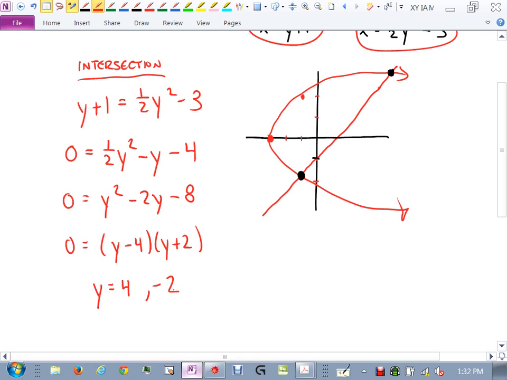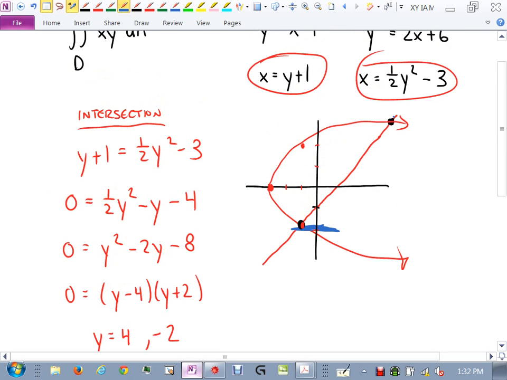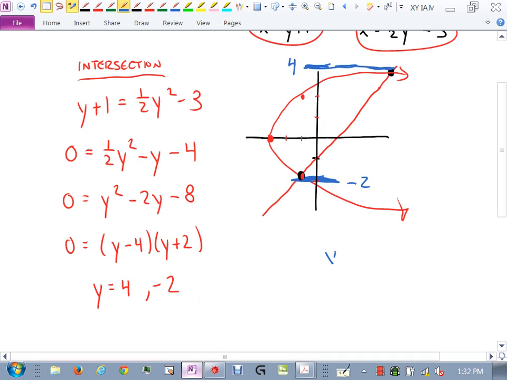That tells me my restriction on my y, right? We're saying that at -2 right here, that's where that point is. And then this point up here hits at +4 on the y-axis. Okay, so let me write this down. Y is stuck between -2 and 4. My x is stuck between what and what?